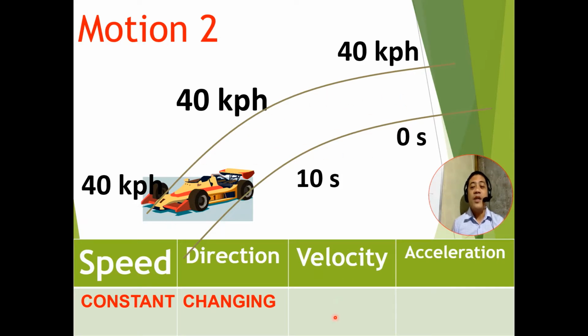What will be its velocity? If the speed is constant and the direction is changing, what will happen to its velocity? The velocity also changes, or there is a change in velocity because of the changing direction. And last, for our acceleration, is there an acceleration or no acceleration? We will answer that later on.